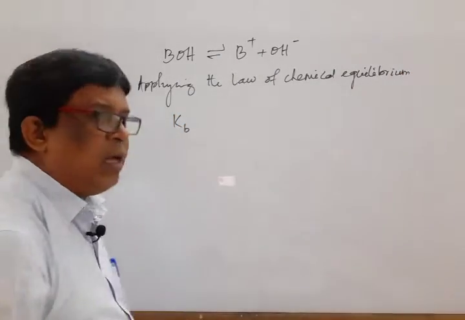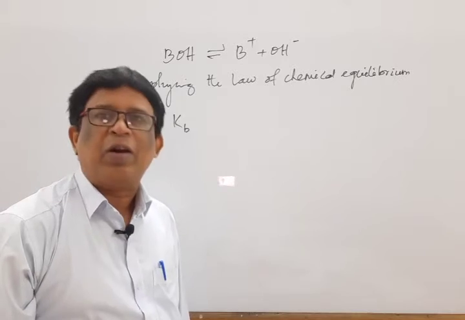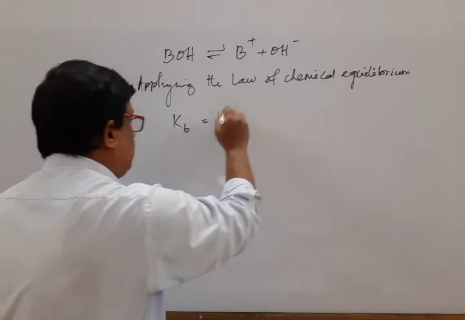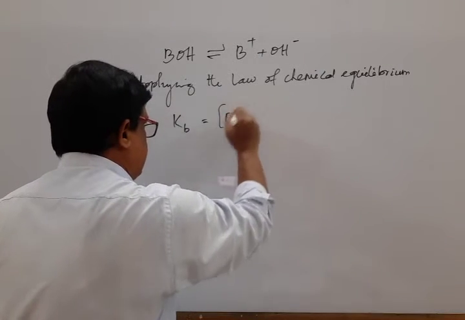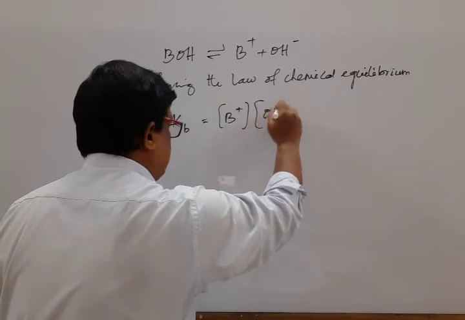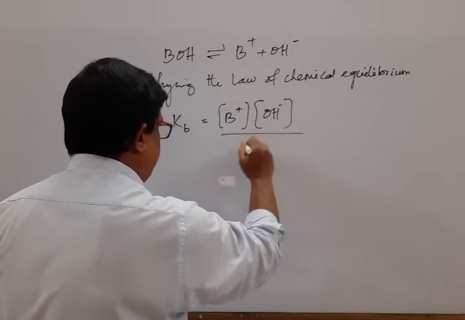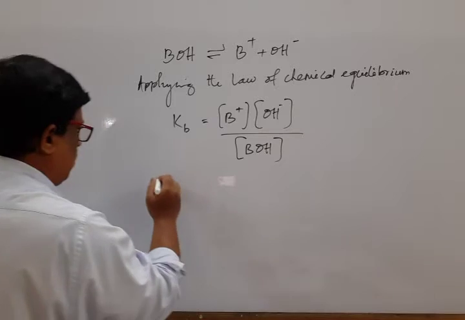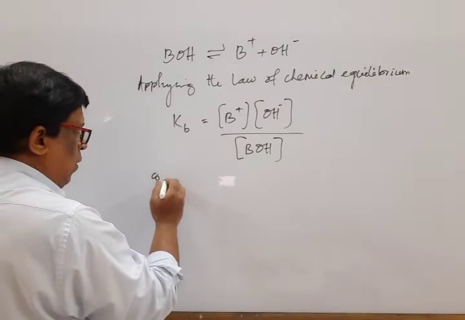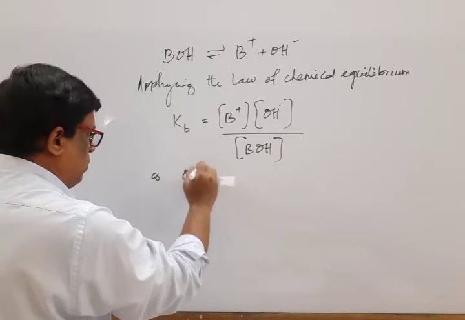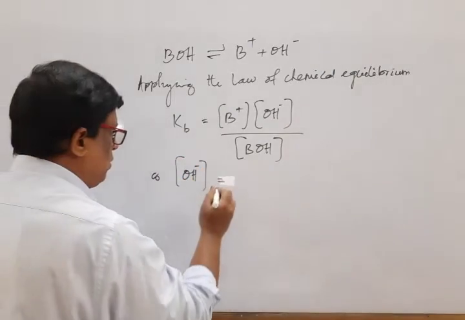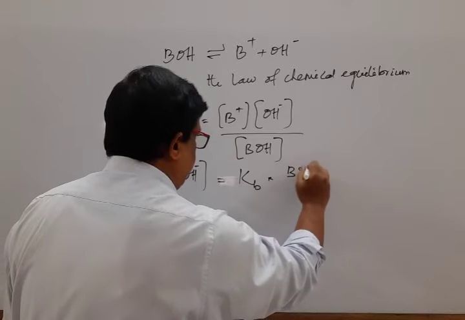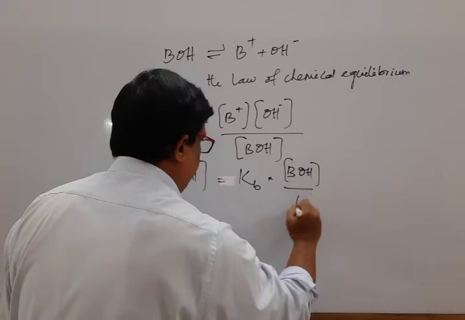What is Kb? That is dissociation constant or ionization constant for base, equal to molar concentration of B plus times OH minus divided by BOH. Our aim is to calculate OH minus ion concentration, which is equal to Kb into BOH by B plus.